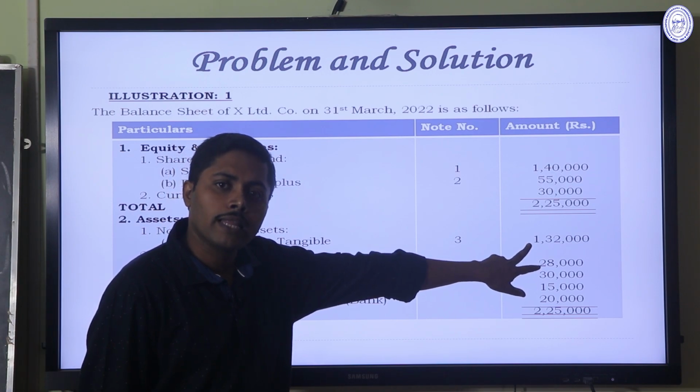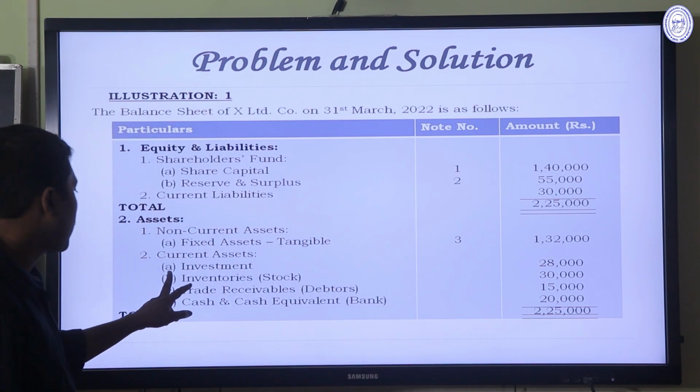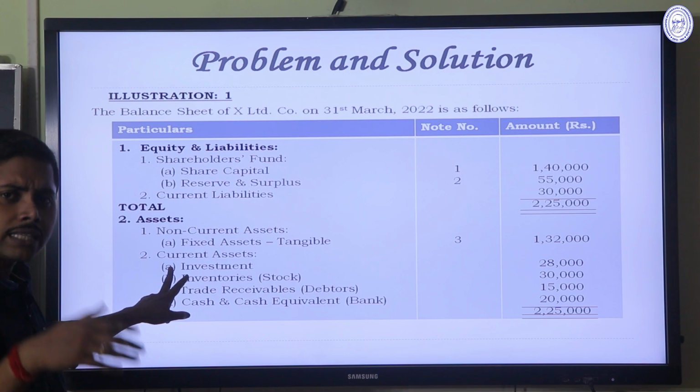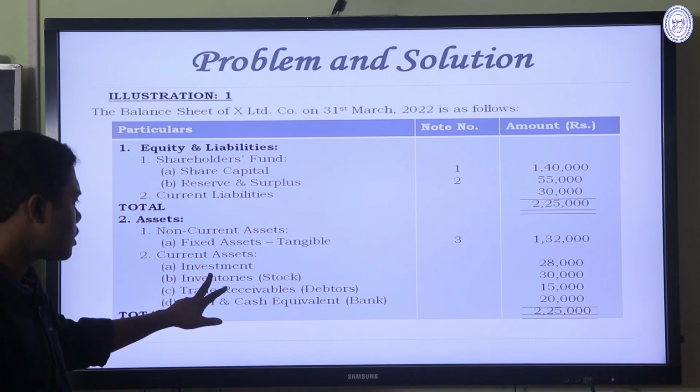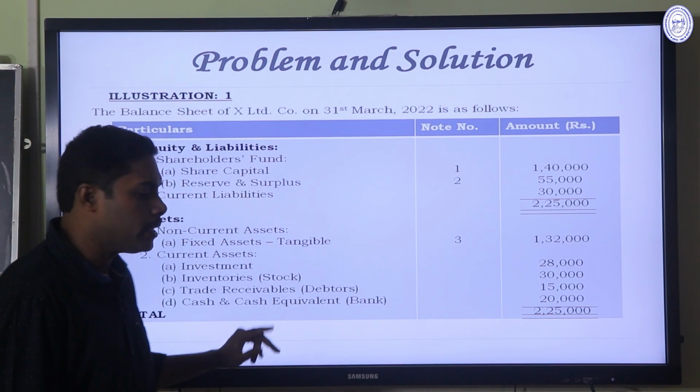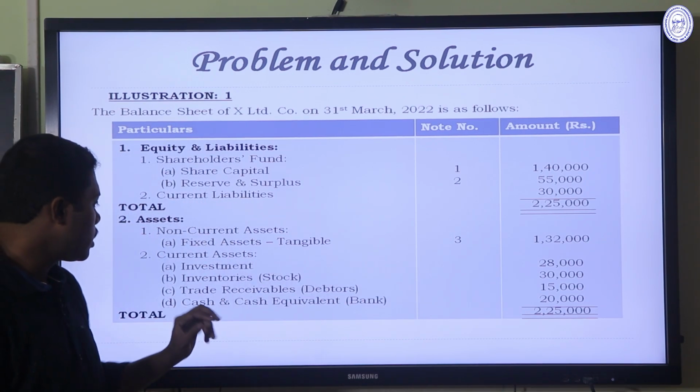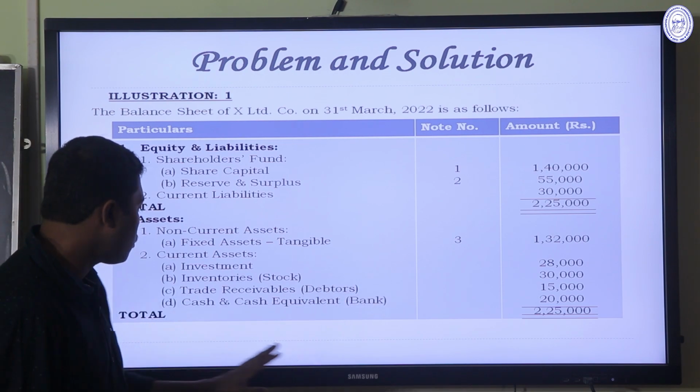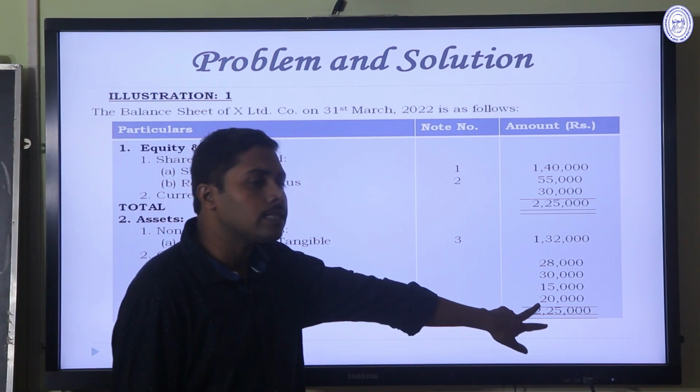Tangible fixed asset is 1,32,000. Then it has other current assets like investment. It has investment of rupees 28,000. It is definitely current investment. Inventories is also 30,000. Trade receivables 15,000. Cash and cash equivalent is 20,000.